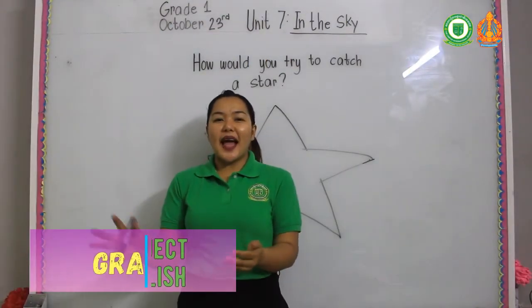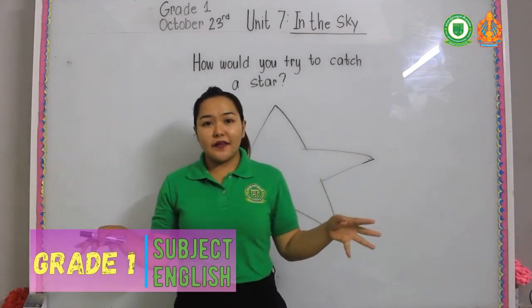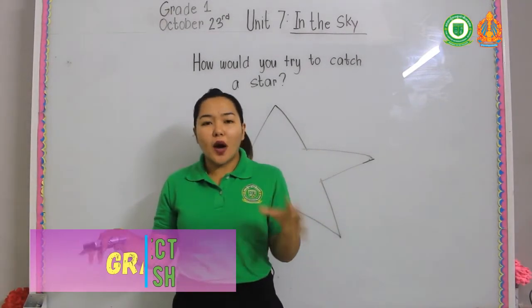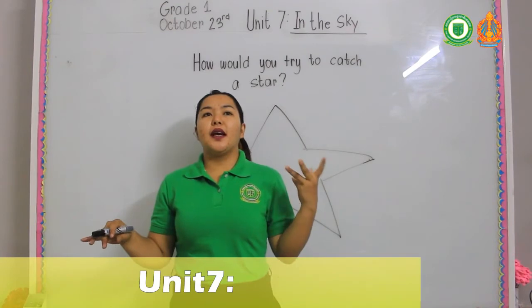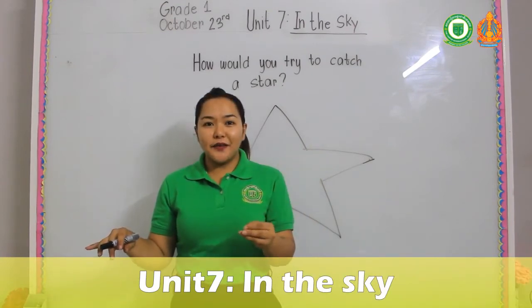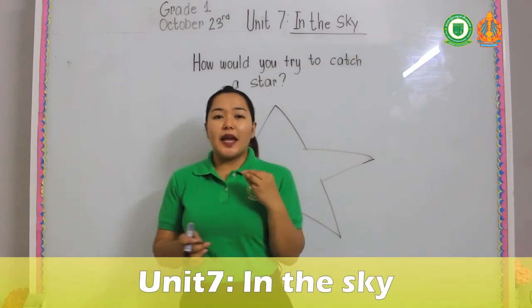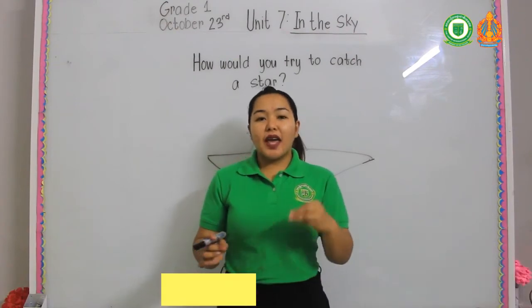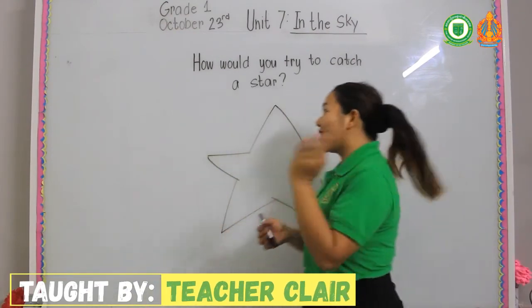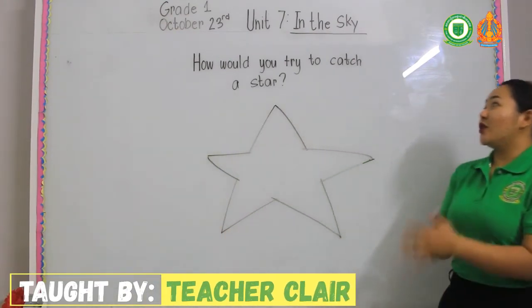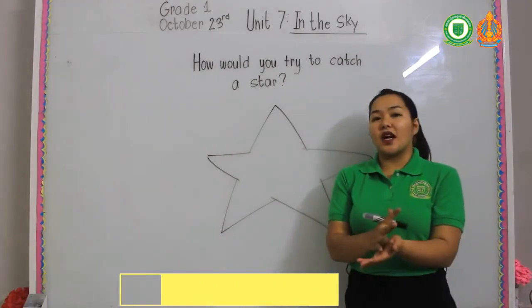Okay, kids, I'm back. Now this activity would require you to be more creative and use your imagination so you can answer this question. How would you try to catch a star?